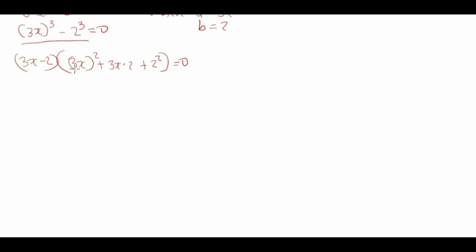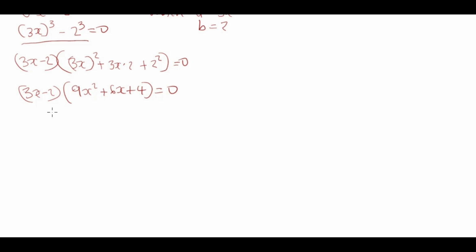Because 3 squared is 9, and 3x times 2 is 6x, and 2 squared is 4, let's write it here: (3x minus 2)(9x squared plus 6x plus 4) equals 0.